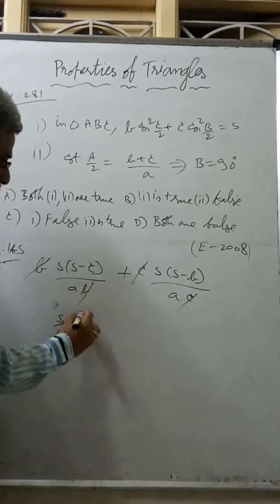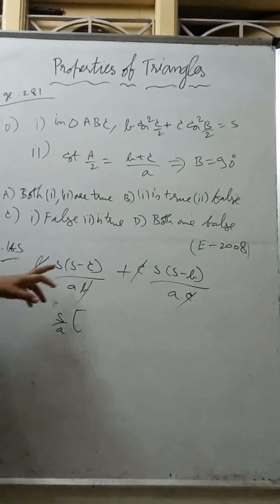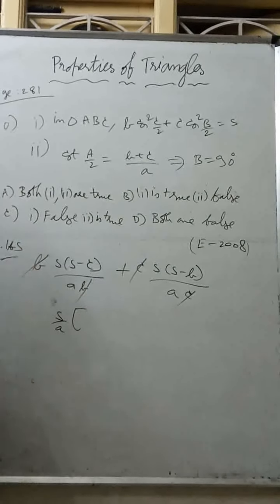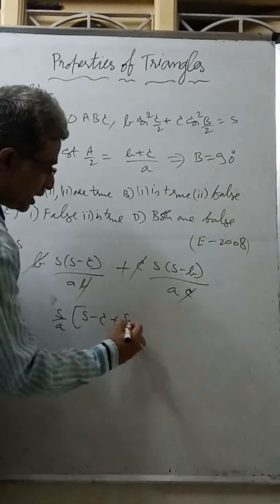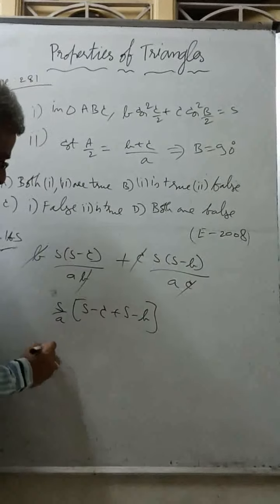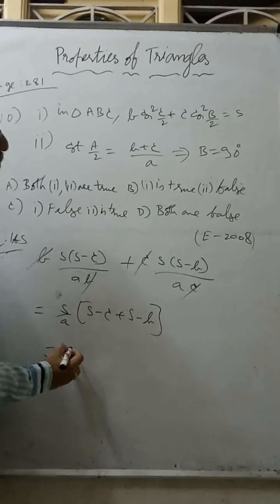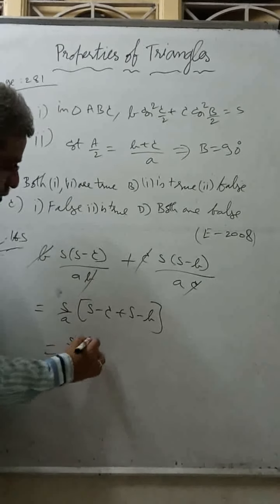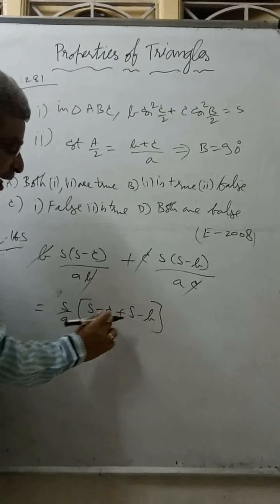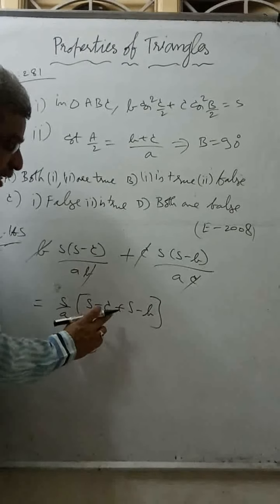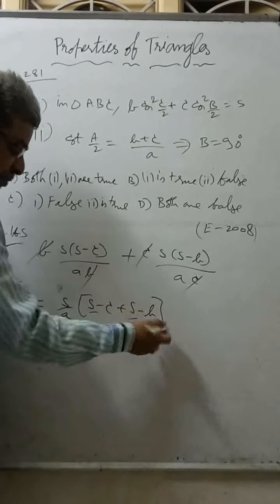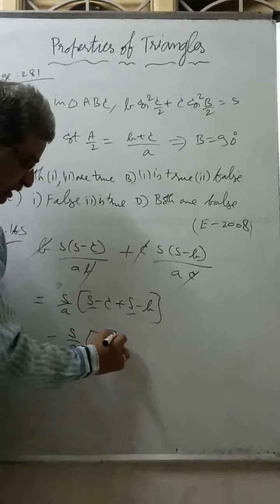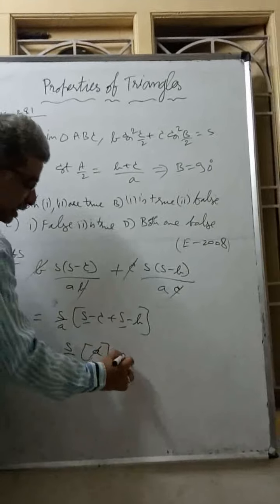Just now we took s/b common, and here also we take s/b common. This is as usual (s - c) plus (s - a). So this is equal to s/b into (2s - a - c). 2s means a plus b plus c, minus a minus c cancels out. Left out is b. b cancels. Left out is s.